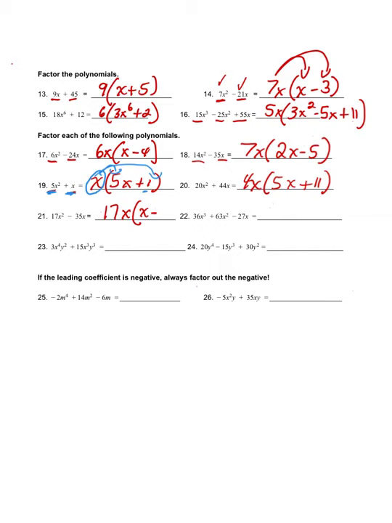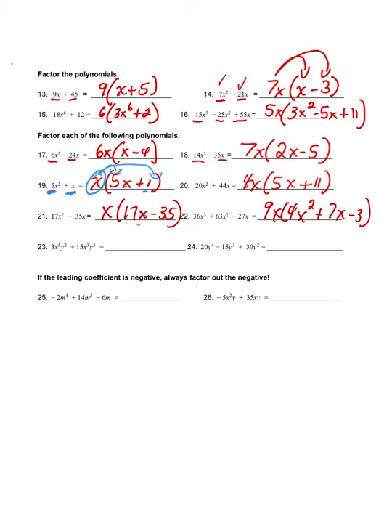So the greatest common factor there actually is x. So you would have x and then 17x minus 35. For 22, it's 9x, and it's 4x squared, leaving 4x squared, 7x minus 3 inside.